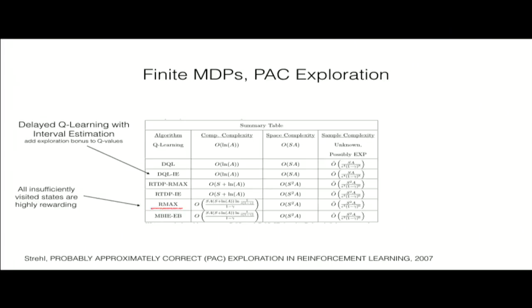It's possibly a better way of doing epsilon greedy, which gives you a better convergence rate. It ends up converging in polynomial time and also being more sample efficient than some of the other algorithms that require solving for the optimal policy all the time. This is from this Strehl paper, where you can find some more details.